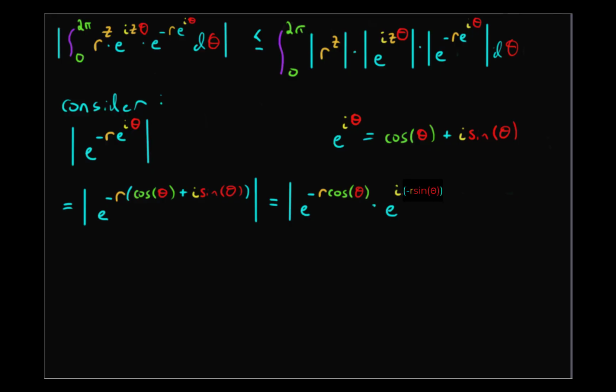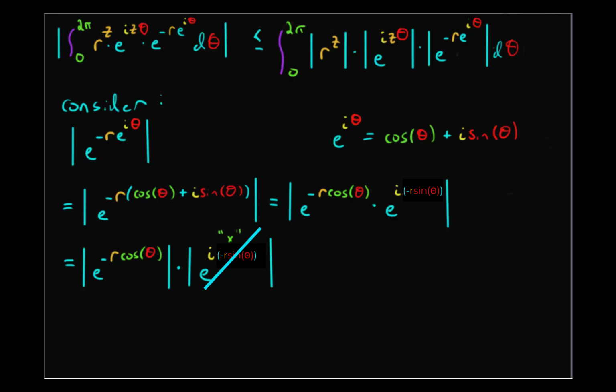And then once again, because the modulus of a product of terms is equal to the product of the moduli of terms, this will equal the modulus of e to the negative r cosine theta times the modulus of e to the i times negative r sine theta. But the term negative r sine theta is just some real number.